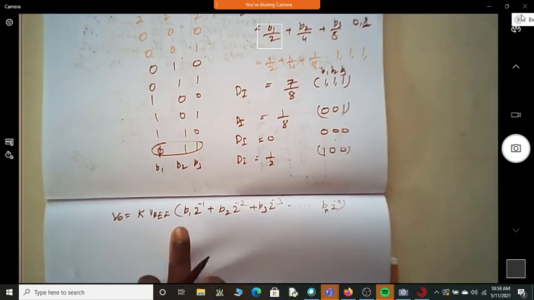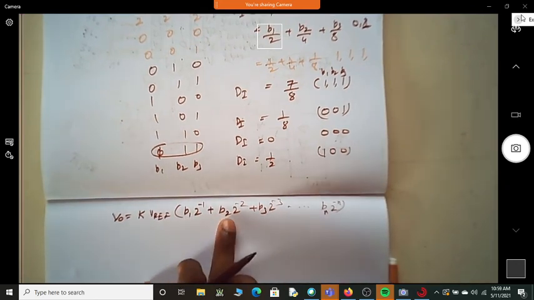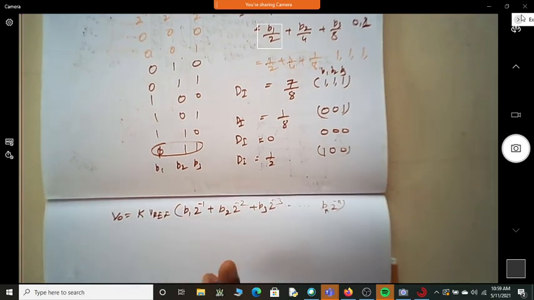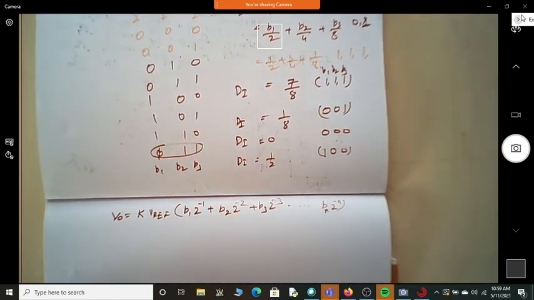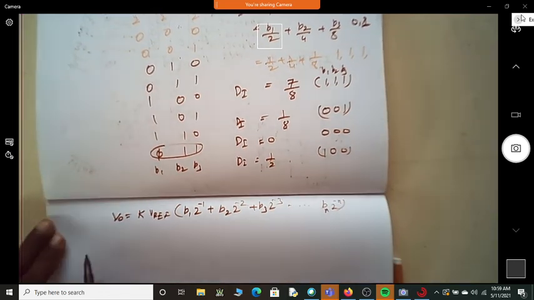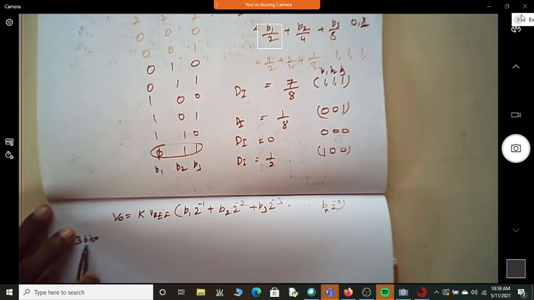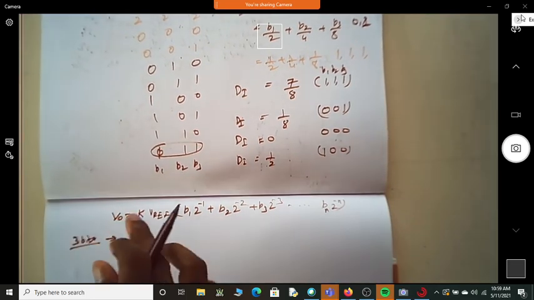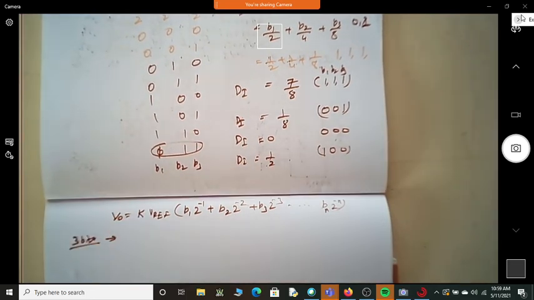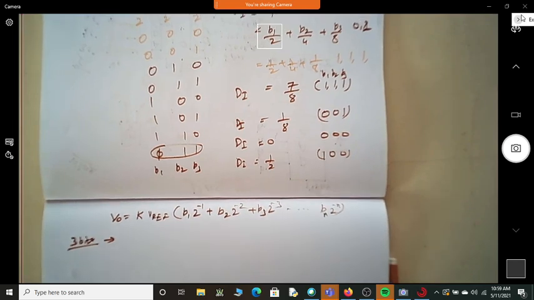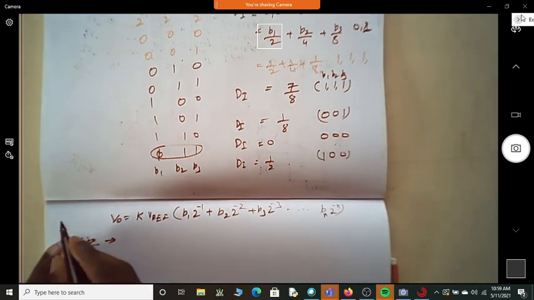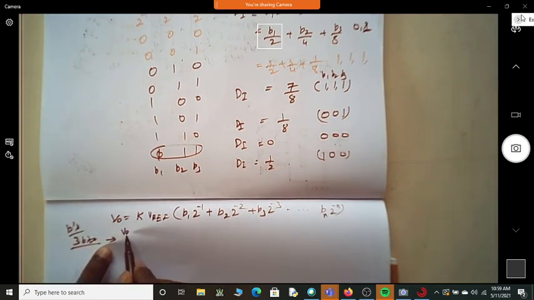What are the possible values of any binary bit? It is 0 or 1. So if you have three bits, how many possible V0 values will you have?